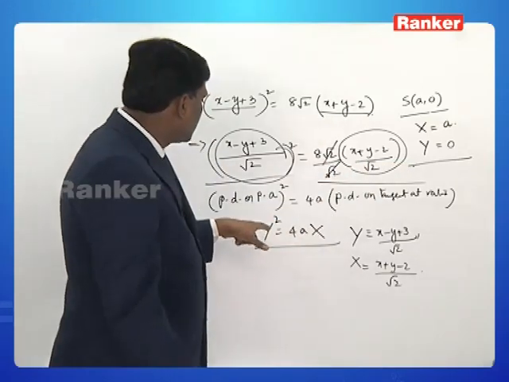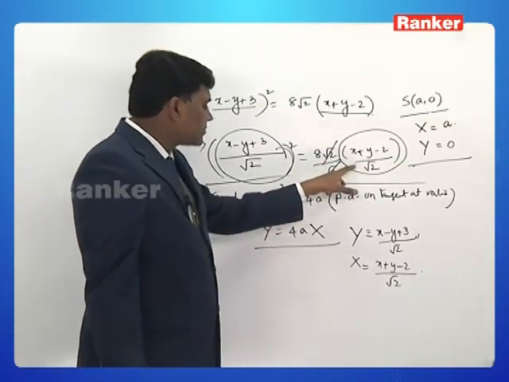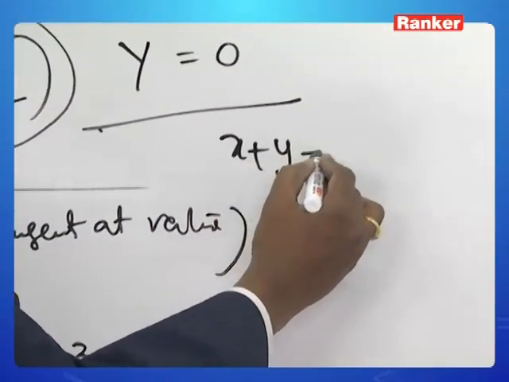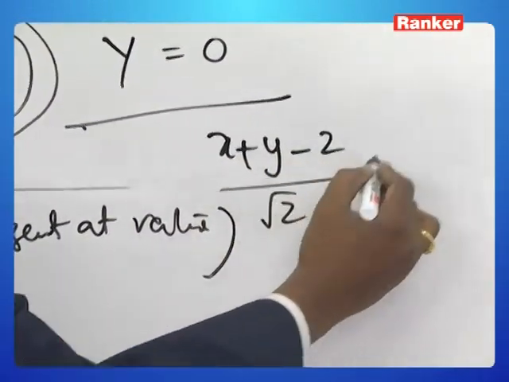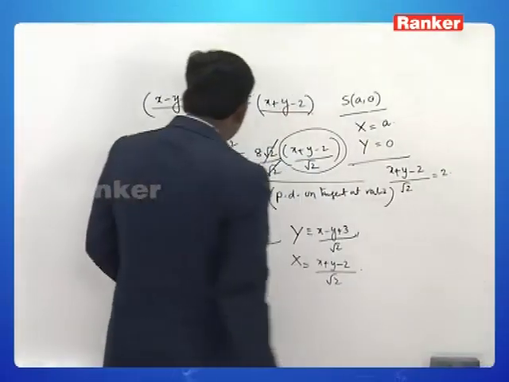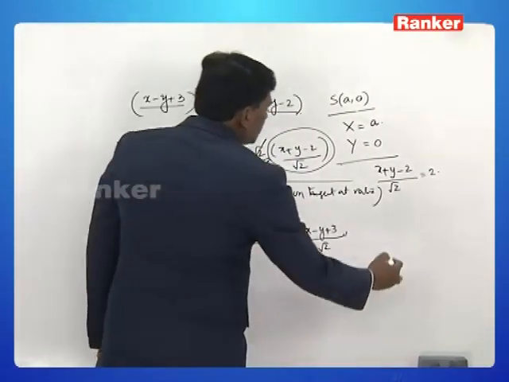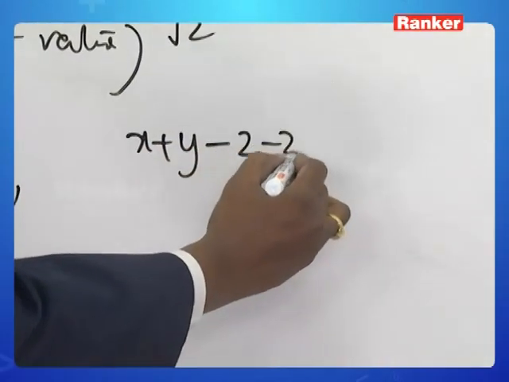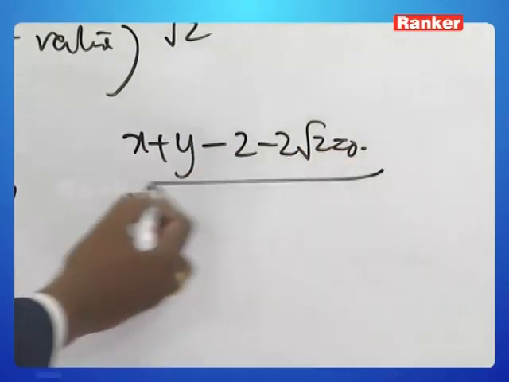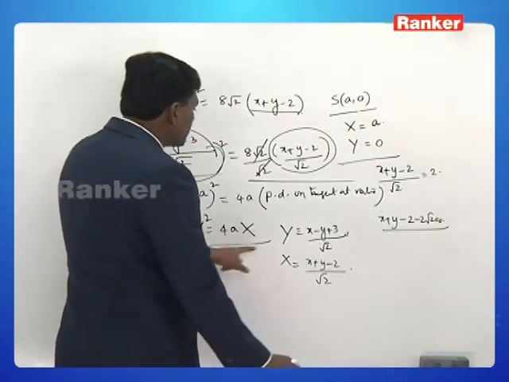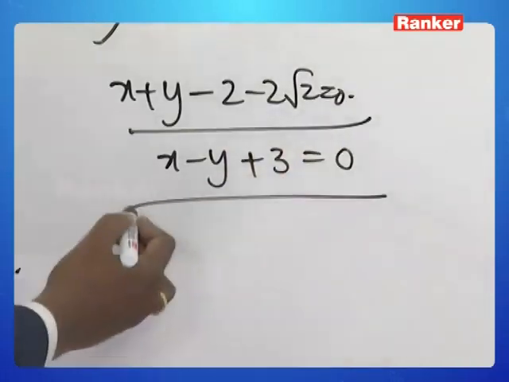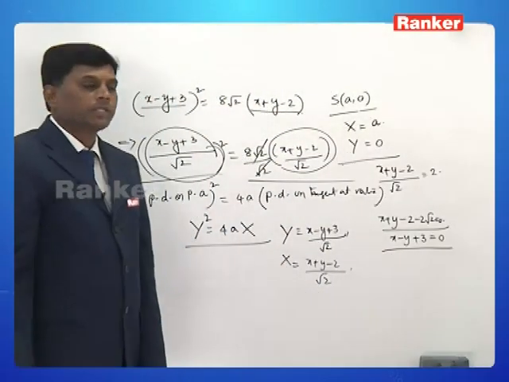That is capital X, (x plus y minus 2) by root 2 equals a, which is 2. So x plus y minus 2 root 2 equals 0, and capital Y equal to 0 is x minus y plus 3 equals 0.